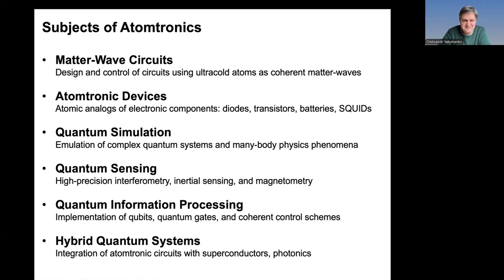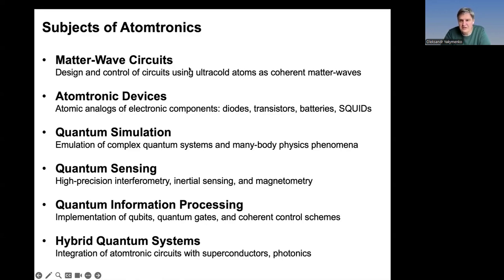But let me just give an idea why sensing and atoms. Then, of course, quantum information processing, where you can use coherent control and all the stuff related to matter waves.